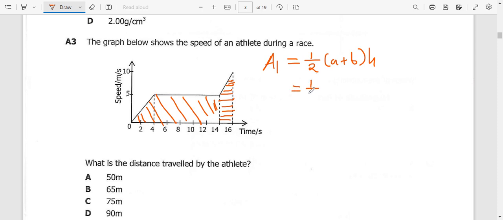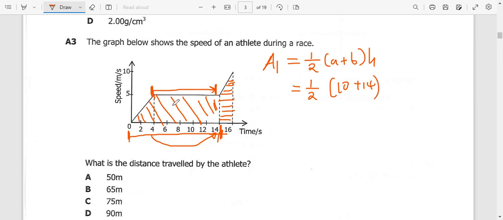So that will be half. The A is the distance from here up to here. You can see we are moving from 4 up to 14. What's the distance from 4 to 14? It's 10. Then B is from this end again up to here. We're moving from 0 up to 14, so that is just 14.